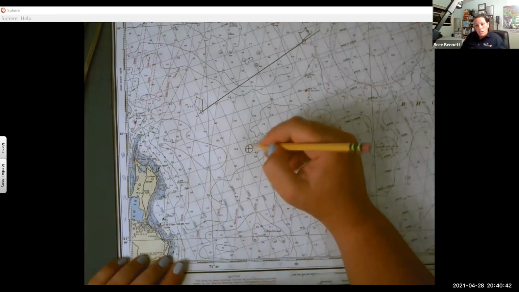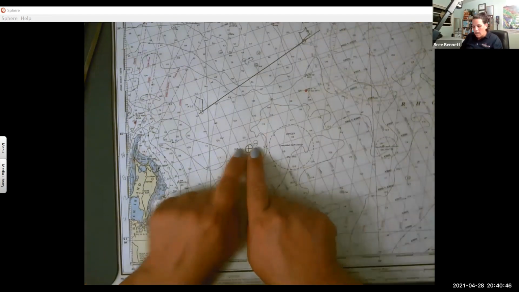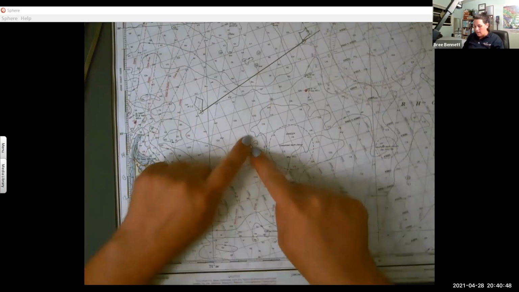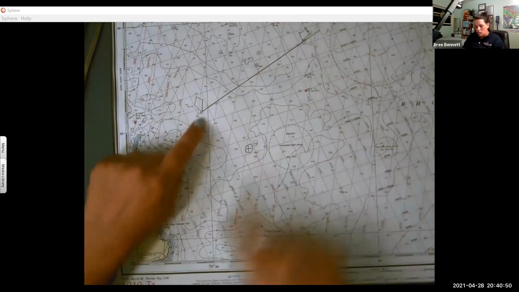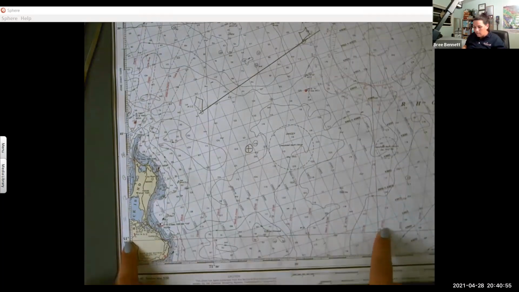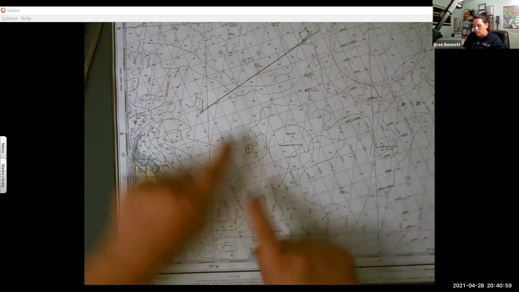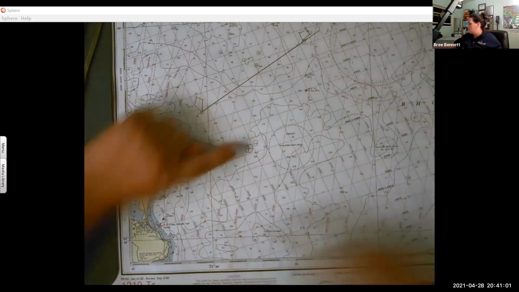For latitude and longitude of this random position here, I want to draw in my latitude line and my longitude line to the closest bold lines. So I have this bold line here and this bold line here. So I want to go to the closest bold lines.